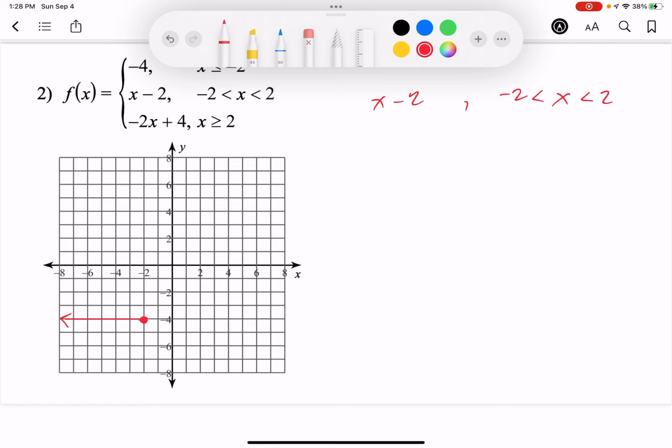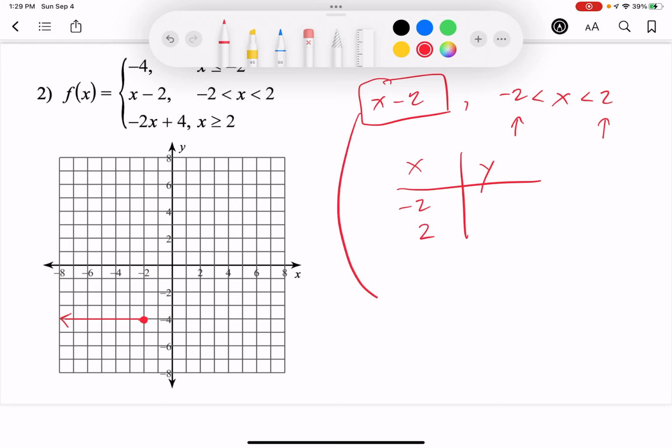Okay. Dahil line lang siya, kailangan mo lang ng dalawang points to graph it. Which is, kunin mo na lang yung dalawang boundaries na nandito para mabilis kang makakuha ng sagot. Okay? So, x and y at x equals negative 2 and positive 2. So, negative of negative 2 minus 2. So, negative of negative is positive.